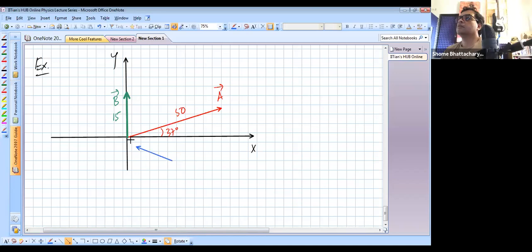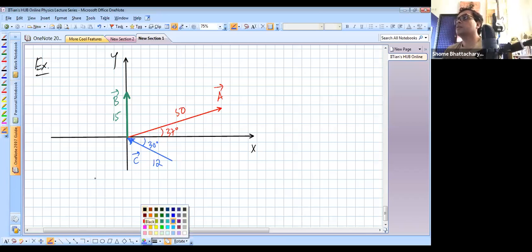So vector C is like this, where this angle is, let us say, 30 degrees, and vector C's arrow is pointing in this direction, as you can see. So vector C is not pointing like this, it's pointing like that. And vector C's magnitude is again something arbitrary, let's say it's 12 or something. So all the magnitudes are in the same unit, let's say.